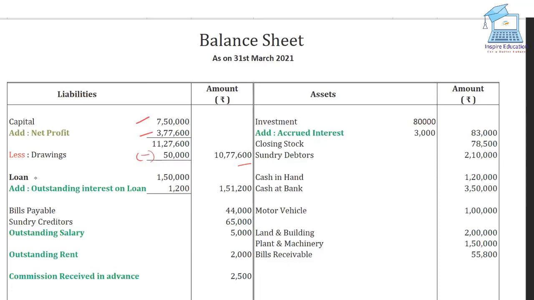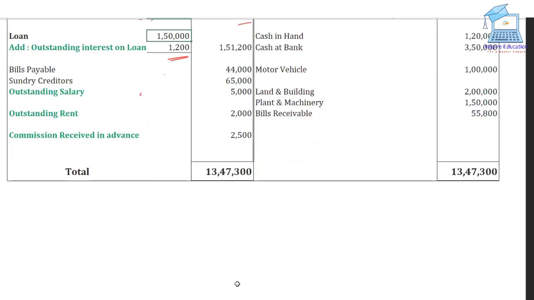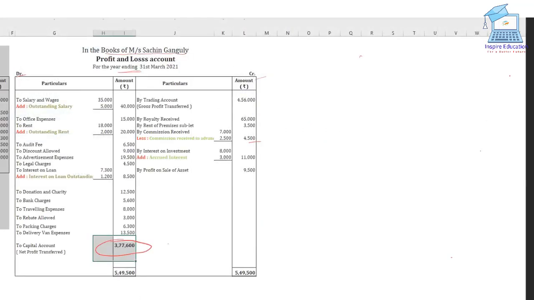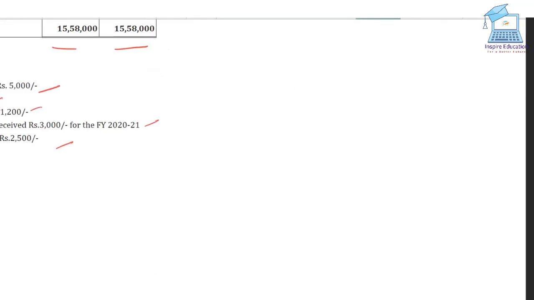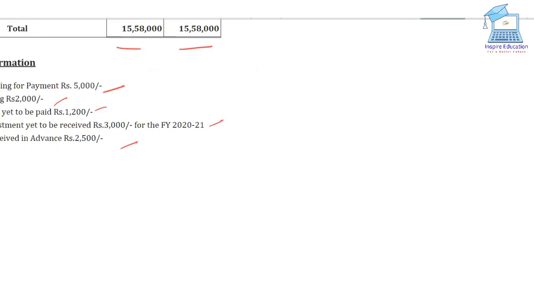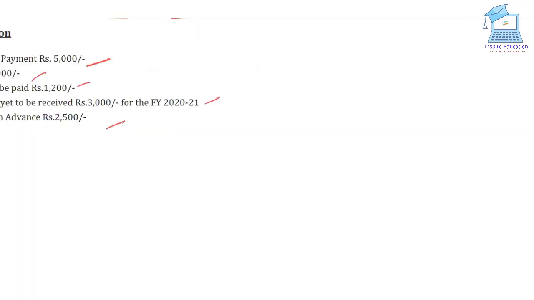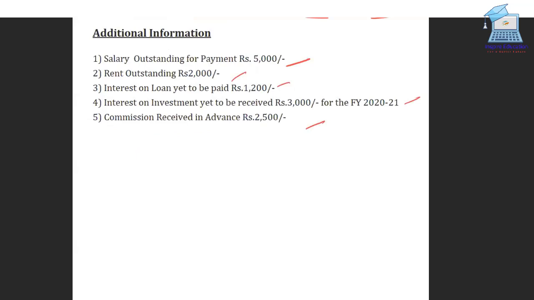Okay? Loan is there. Loan amount is 1,50,000, and with that, we have seen in the profit and loss account the outstanding interest on loan. There was 1,200. See, there is an adjustment. The adjustment was like this.